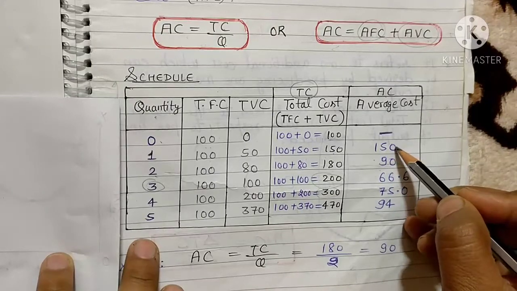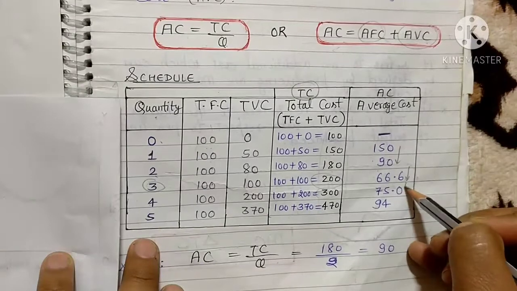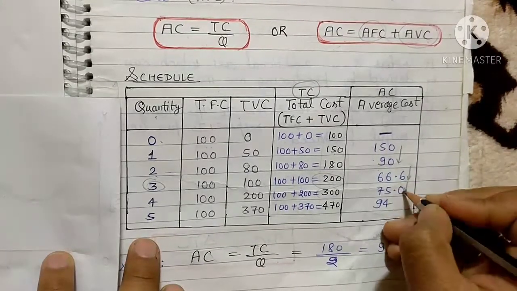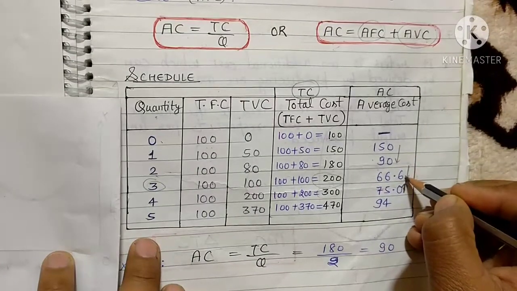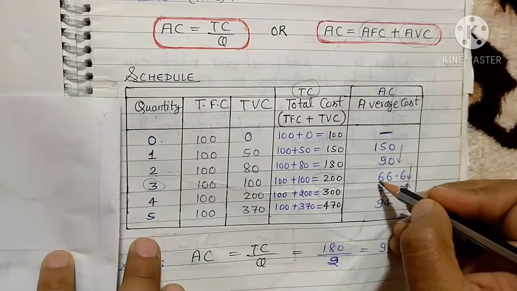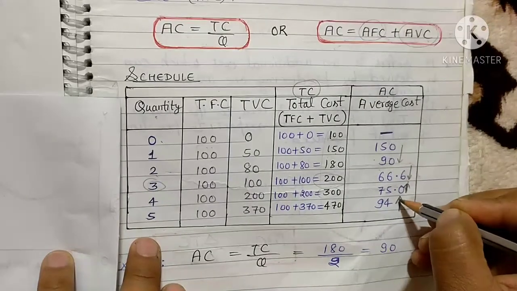Just check average cost. First 150, then decreasing to 90, then decreasing more, 66.6, then 75. Now it starts increasing. First it decreases from 150 till 66.6, then it started increasing. From 66.6 it becomes 75, then again increasing, it becomes 94.